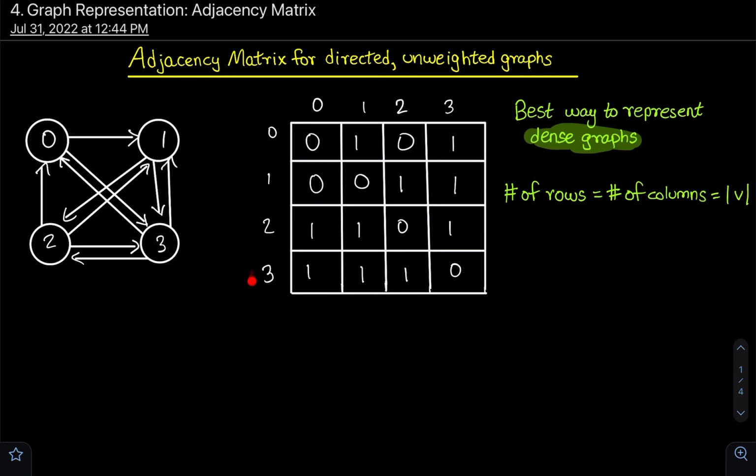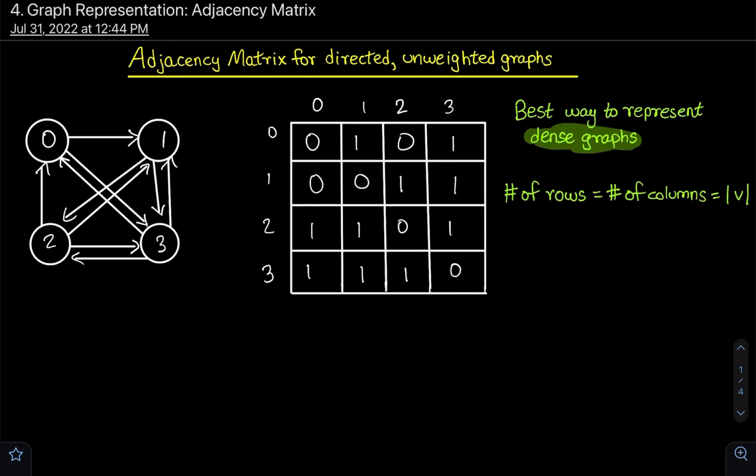Similarly, in other rows, we can check whether there are direct edges. So over here, there is no direct edge from vertex 1 to vertex 0, so we put a 0 here. There is no direct edge from vertex 1 to itself, so there is no self loop, and we have a 0 here.